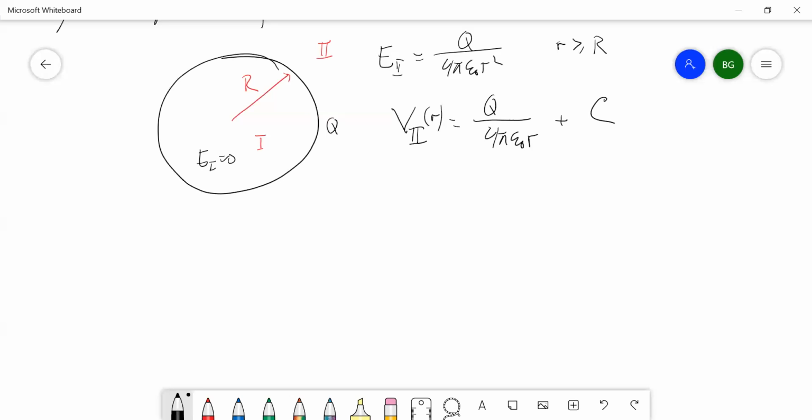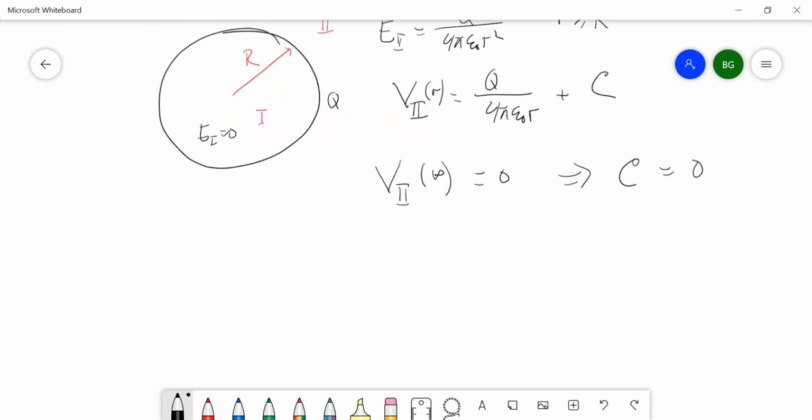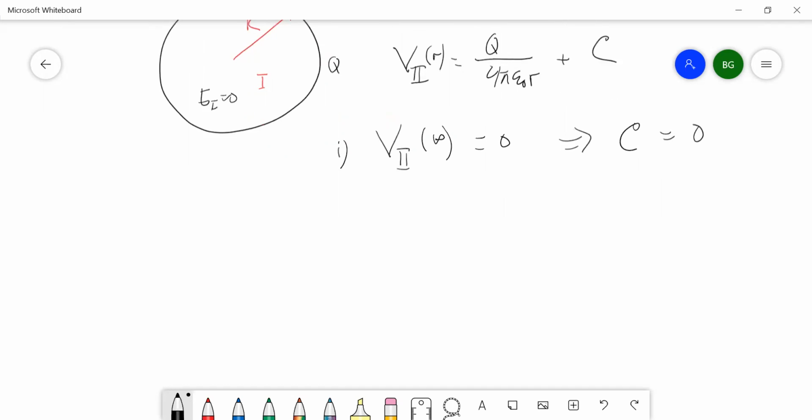For example, again, we could use phi 2 at infinity. If this is 0, then we get C equals 0. This V1, V2. We could also, for example, have this equal to Q over 4 pi epsilon 0 R. Okay.